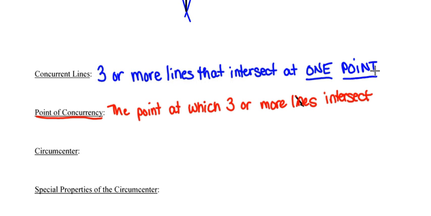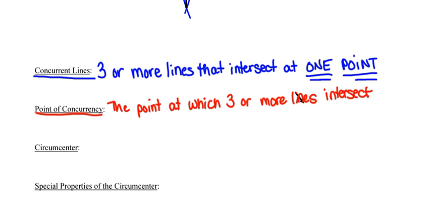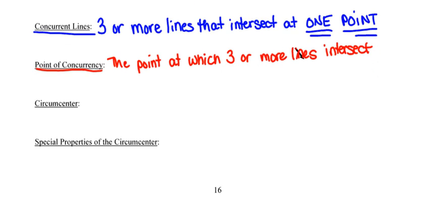So the perpendicular bisectors of the 3 sides of a triangle are concurrent lines because they all intersect at one point. Those three lines have what's known as a point of concurrency, which is the point at which those three or more lines intersect. Getting a little bit more specific still, the circumcenter is going to be the specific name for the point at which the three perpendicular bisectors of the sides of a triangle intersect.